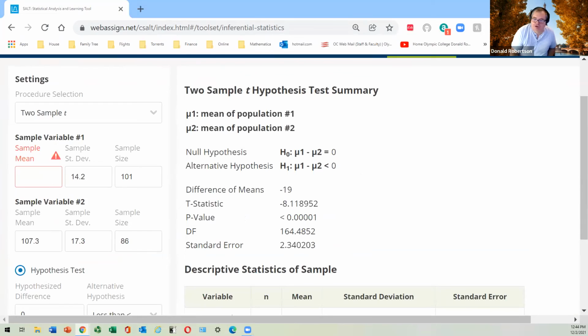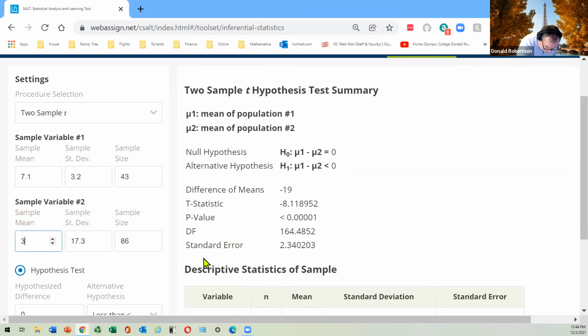So there were 43 people on the diet, and they managed to lose 7.1 kilos. And the standard deviation that they had was 3.2. And those who were in the exercise didn't lose quite as much.